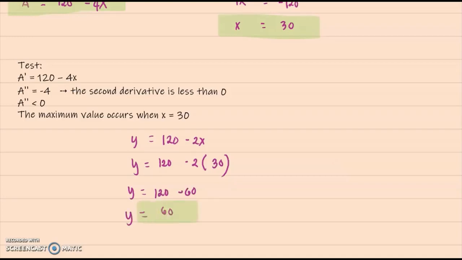Highlight the value of y. Meaning to say, the dimension of the garden is 30 meters by 60 meters.